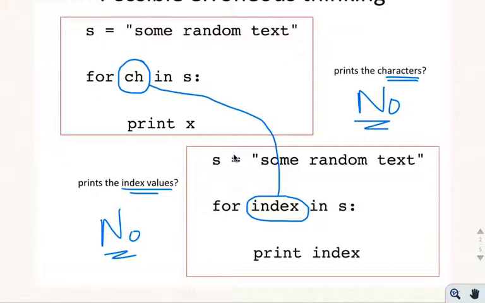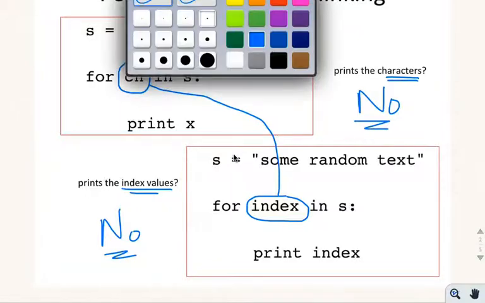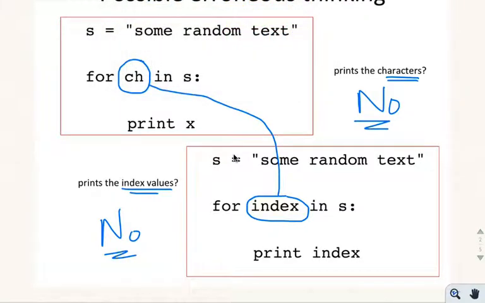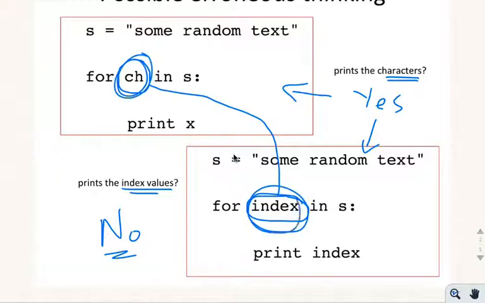I guess in actual fact, let me just change that for a second. Of course, the answer there is not in fact no. In fact, yes, it is. It does print the characters, but yes, it prints characters in both cases. It doesn't matter what this name is. The whole point is this piece between the for and the in is just any variable name I choose to give it. It's just a variable.